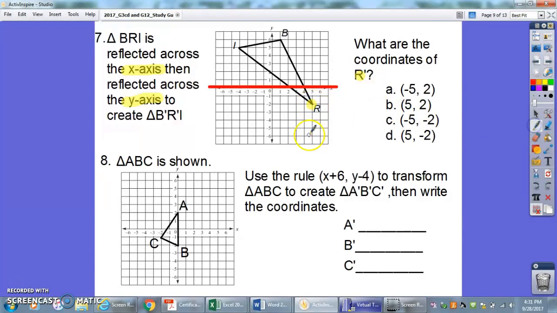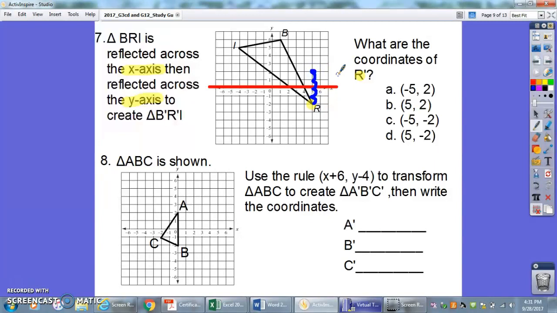R is 2 spaces away from the x-axis, so we count 2 more spaces up to reflect it. So there is R prime.